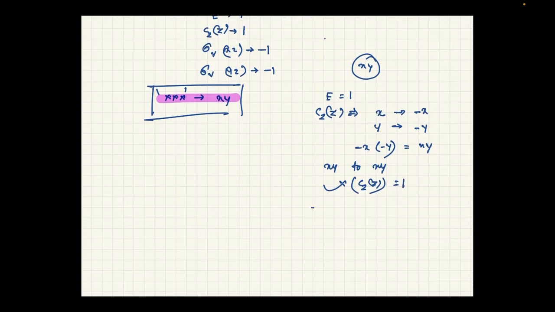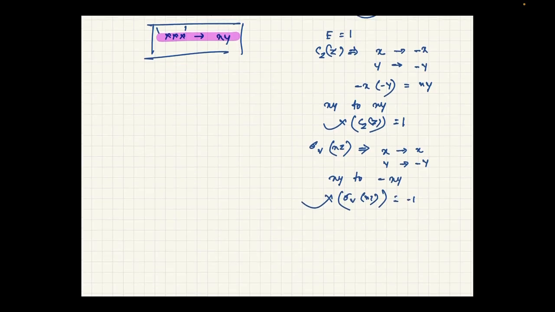Then sigma v xz: x goes to x and y goes to minus y. That means xy goes to minus xy, so the character of sigma v xz will be equal to minus 1.